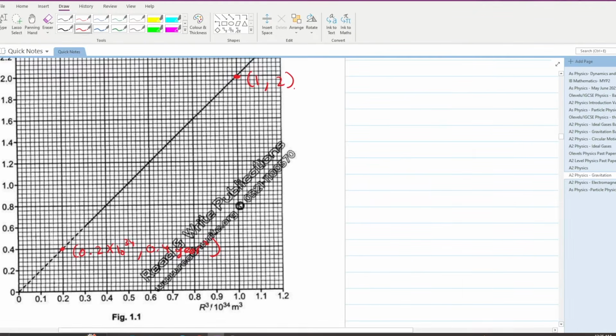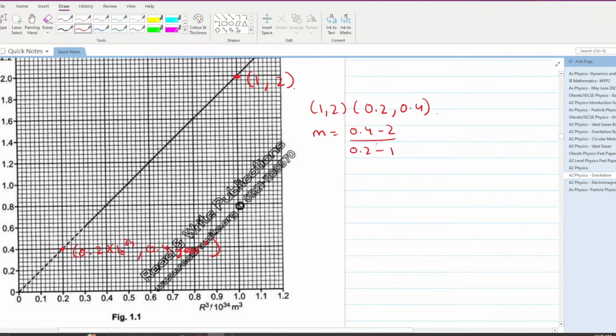Now let's calculate the gradient. Let me write the points here as well, 1 and 2 and 0.2 and 0.4. First of all, let's calculate the gradient and then we will adjust it for the units. The gradient comes out to be y2, that is 0.4, minus y1 divided by x2, that is 0.2 minus x1.